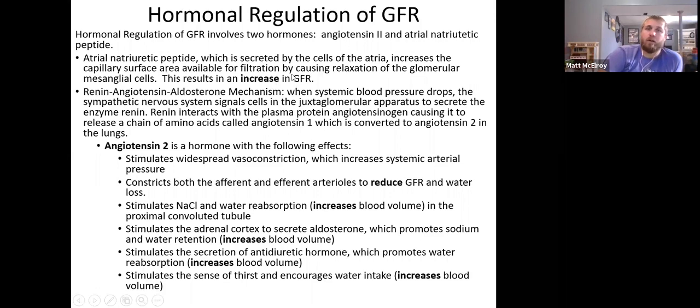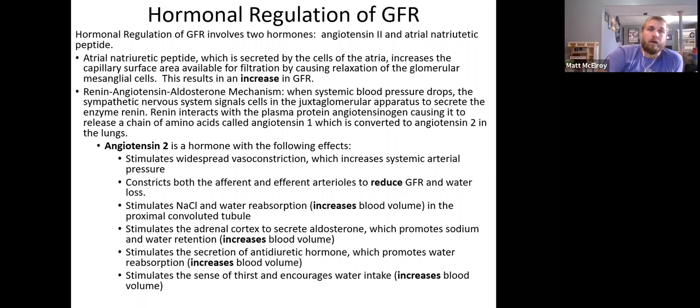We'll filter more stuff out of the blood, including that water, which makes the blood volume go down. Okay. And thus, we're going to return our blood volume to normal, and it will not need to release this hormone anymore.